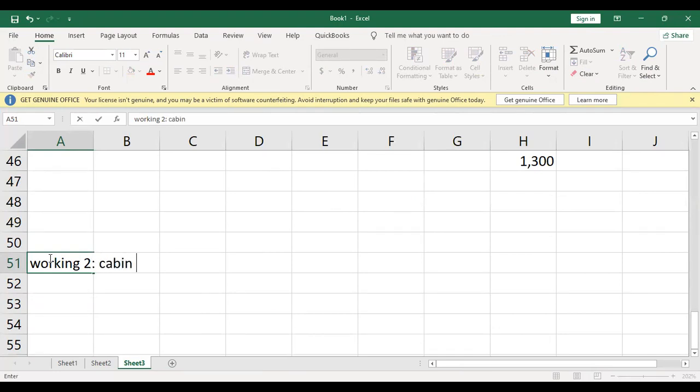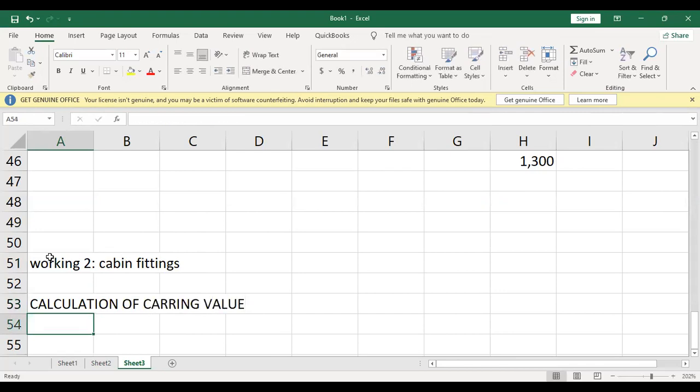Cabin fittings. So calculation of current value. So cost of cabin fittings 25 million.